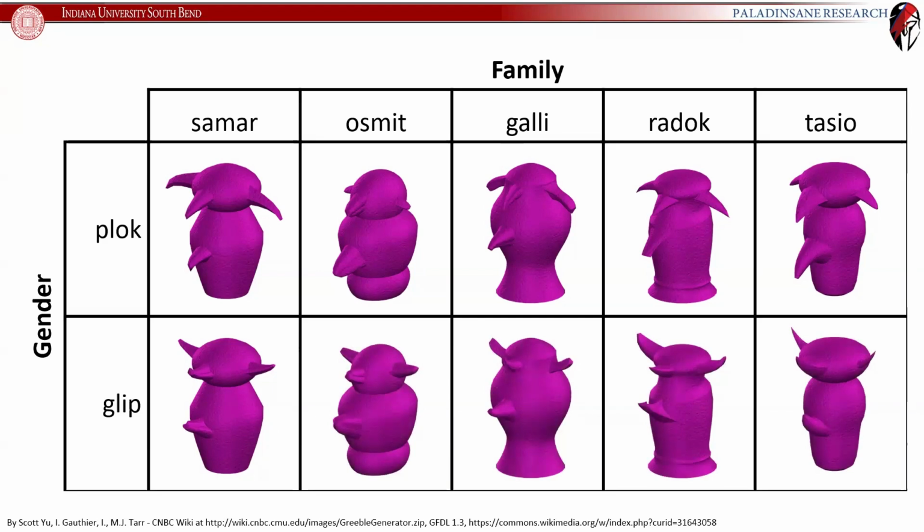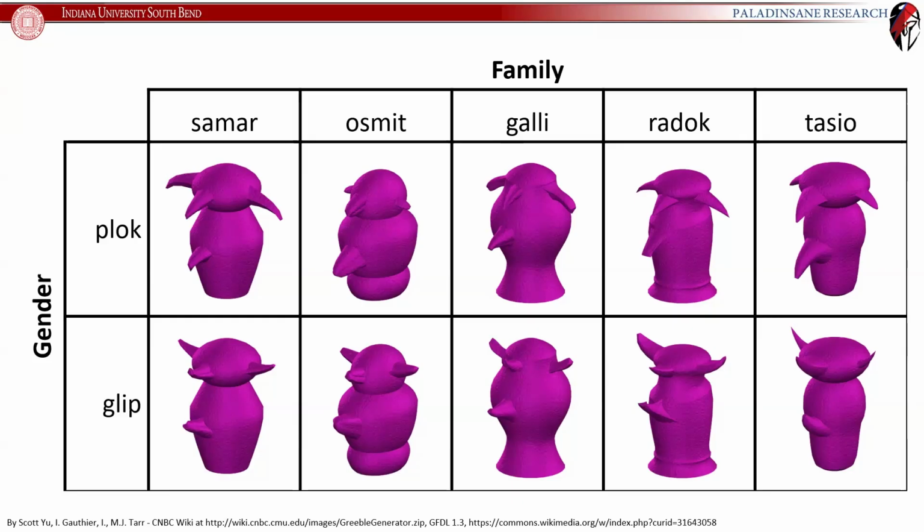And these are only single instances of these greebles from each family. So they would make hundreds of these variations following some rule communicated to the participants about who goes into what family.